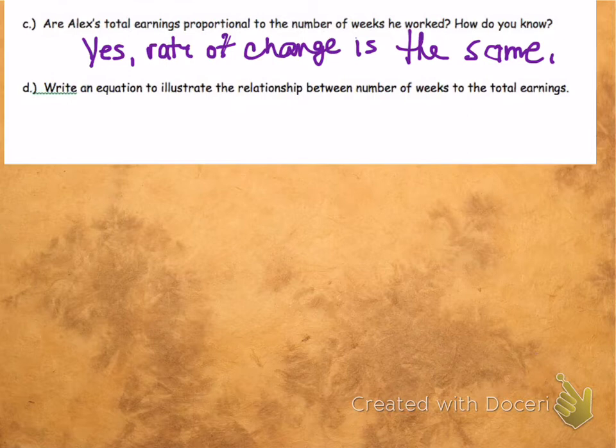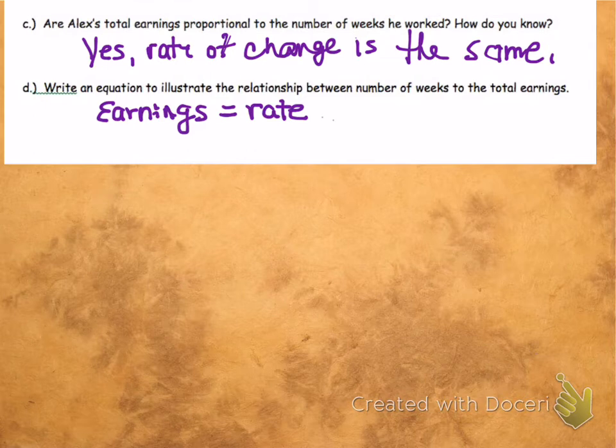To write the equation to illustrate the relationship, we need to think about what that equation is. So previously we mentioned that your equation would be y equals mx, but let's take a look at that in this situation. Your weekly earnings would be equal to the rate of change, or your unit rate, or rate per week, times the number of weeks.